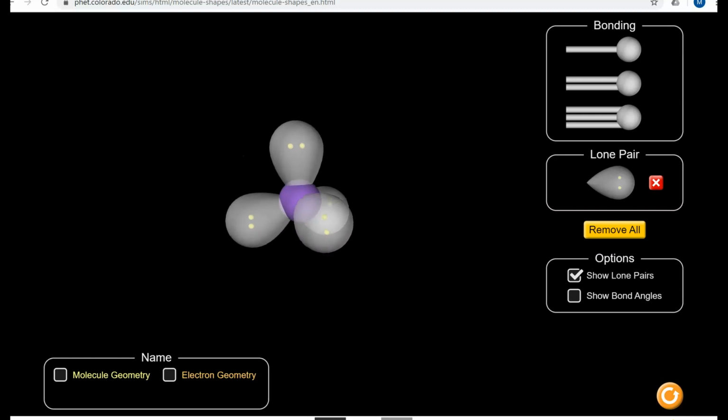If you look at this shape right now, the purple center atom is in the center. There are 3 electron regions around the base. They're kind of pointing downwards, and one is pointed upward.